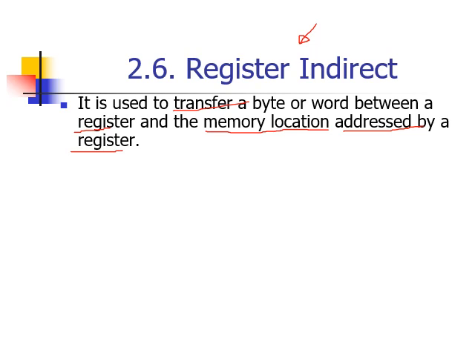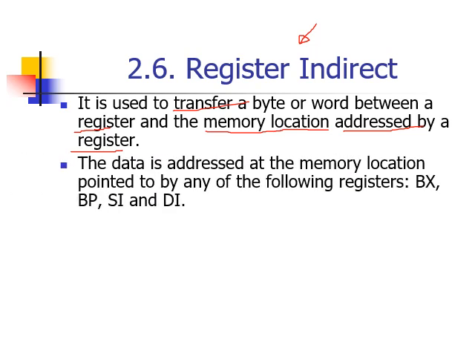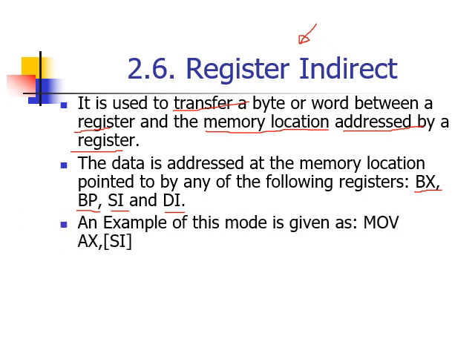You go to this memory location by an address stored in a register. Okay, and the registers used to point to memory locations are BX, BP, SI, and DI. So these registers store the address of a memory location.